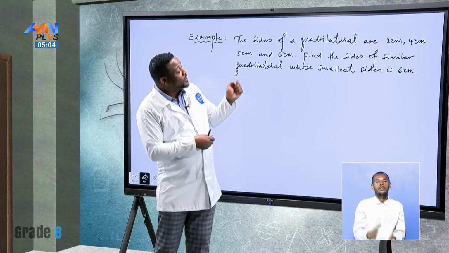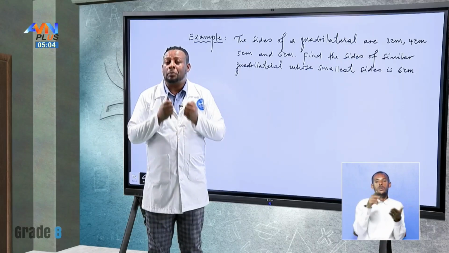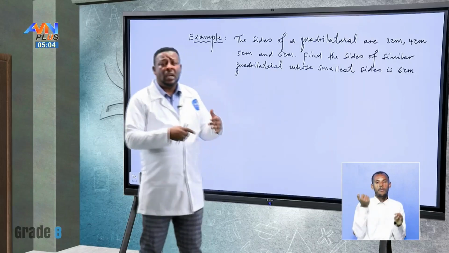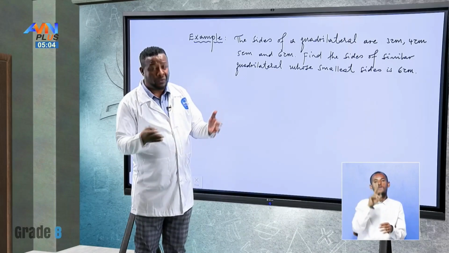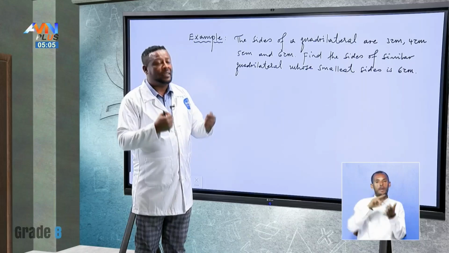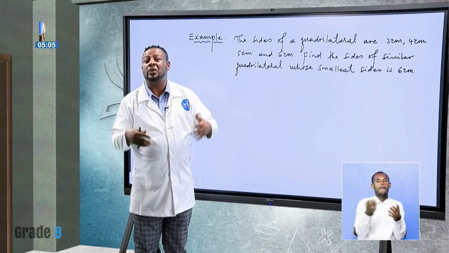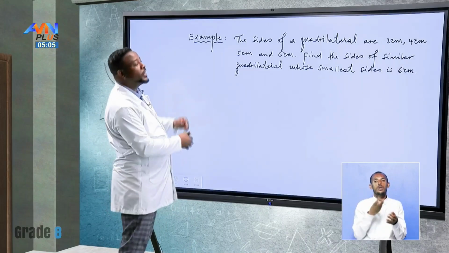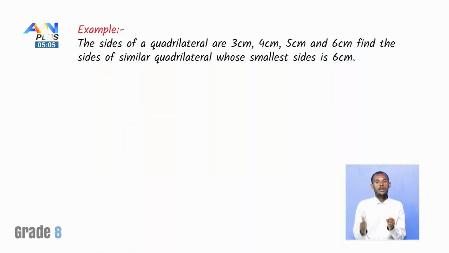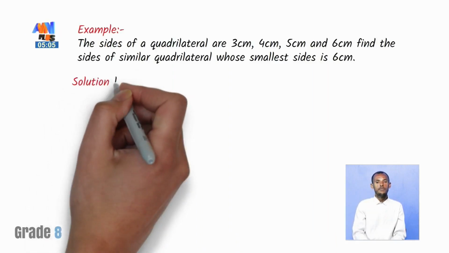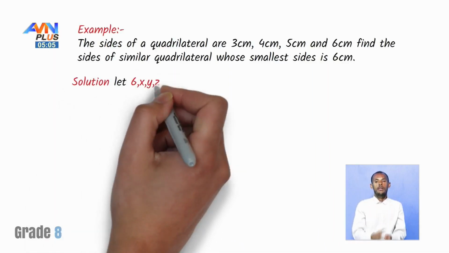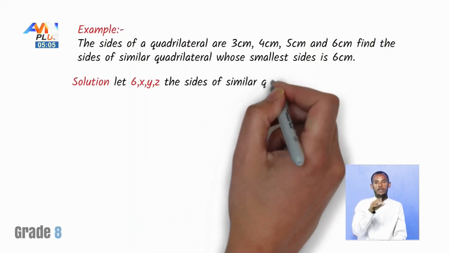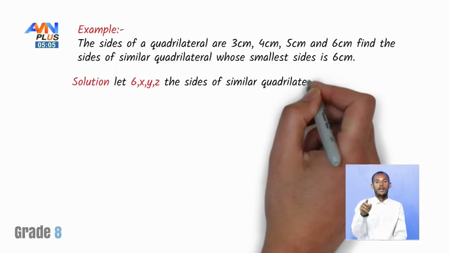Okay, to answer this, you need to apply the definition that I already stated, right? So by similarity of the two quadrilaterals, we mean that the ratios of pairs of corresponding sides are the same. So that is what we need to apply to find the unknown sides. So let's say 6, X, Y, and Z are the sides of the quadrilateral.